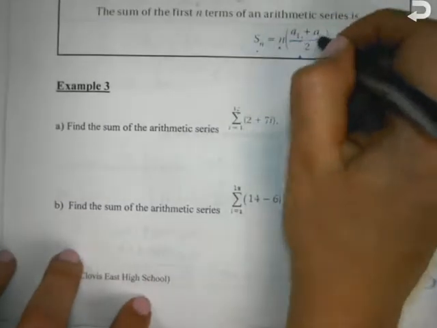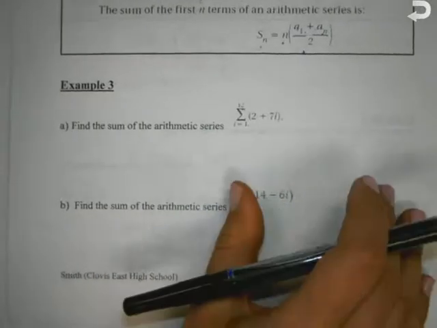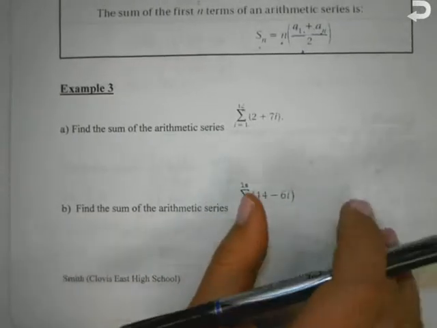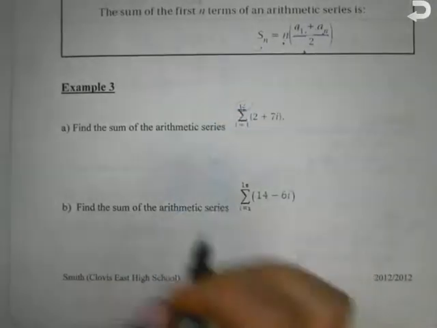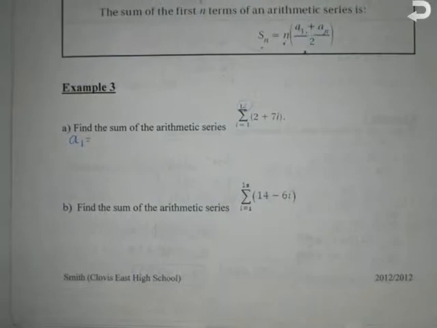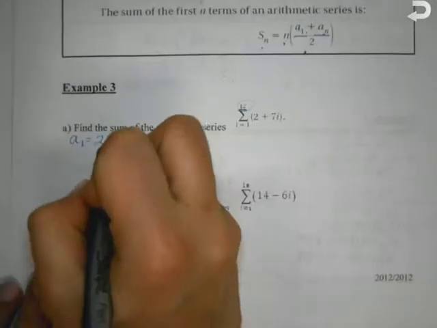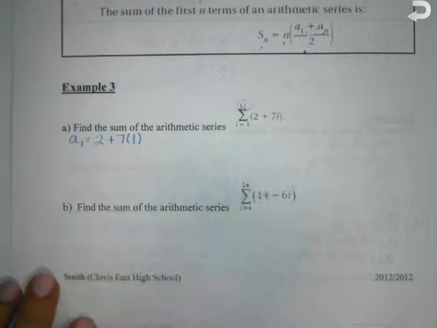How many terms am I adding together? 12 of them. So we need to find out what a sub 1 is equal to by plugging it in here: 2 plus 7 times 1. And we also need to figure out what a sub 12 is: 2 plus 7 times 12.